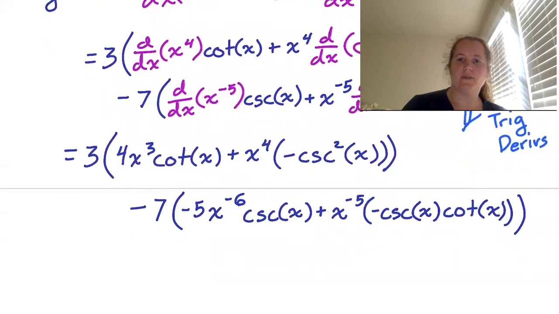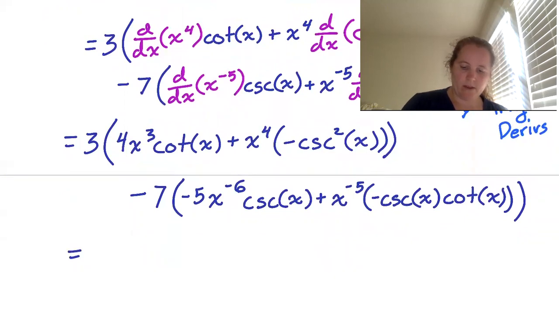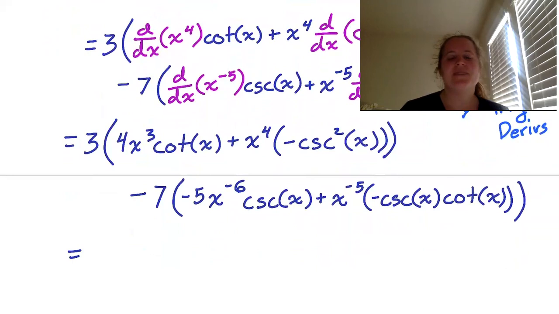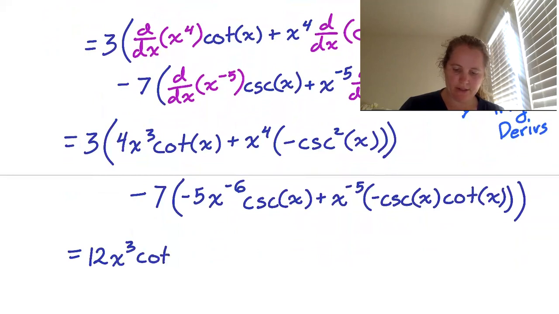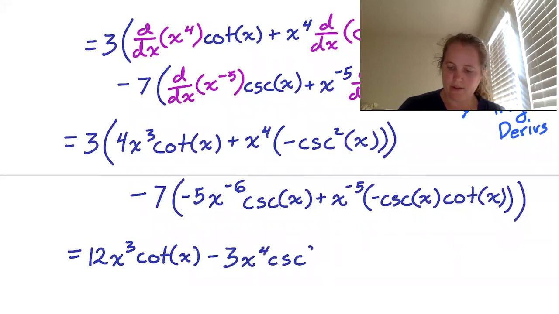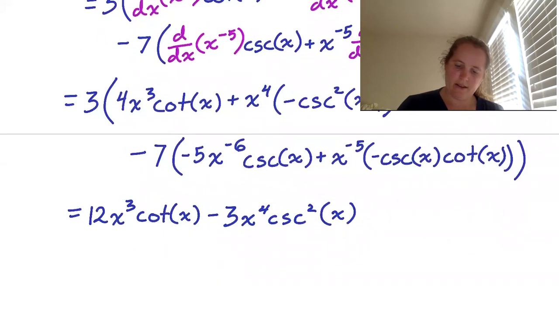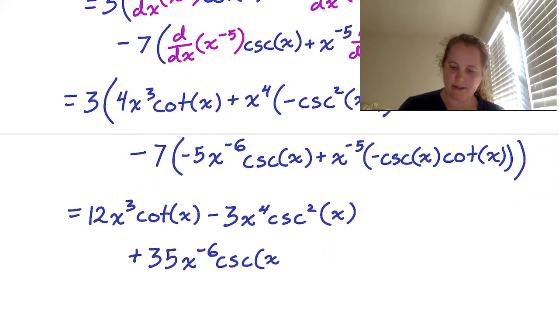If we do a little simplification, this becomes 12x cubed cotangent of x minus 3x to the fourth cosecant squared of x, plus 35x to the negative sixth cosecant of x, plus 7x to the negative fifth cosecant of x cotangent of x.